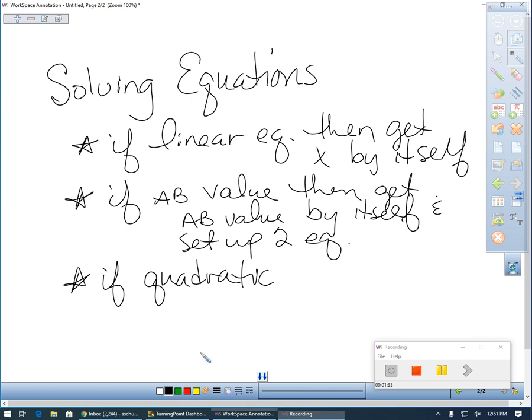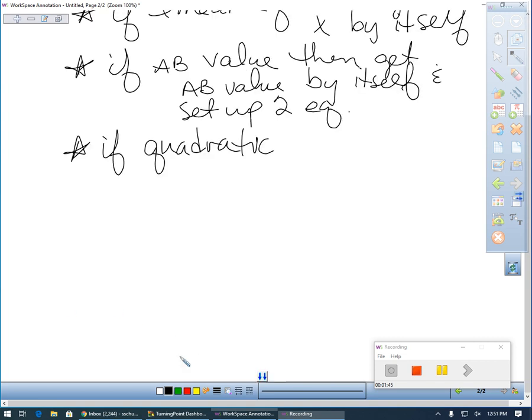Okay? So if it's quadratic, we can solve it a bunch of different ways. One way was by factoring and set equal to 0. Another way, if there was no middle term to our quadratic, we did the square root method.